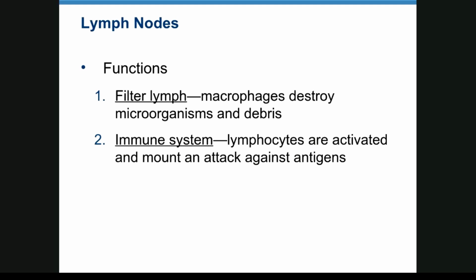Now, what they do is they filter the lymph, and macrophages destroy microorganisms, debris, and cancer cells that are filtered out into the lymph. The immune system lymphocytes are activated to mount an attack against antigen.